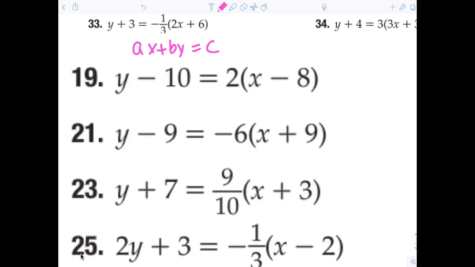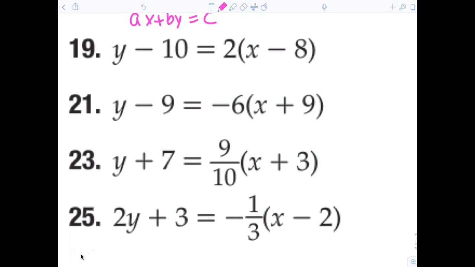You with me? So what do I do? Good. Equals 2x minus 60. Beautiful so far. All right, now, what are you thinking?